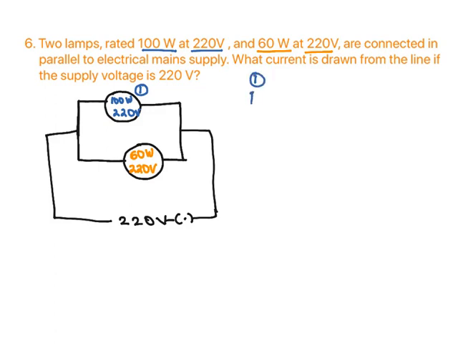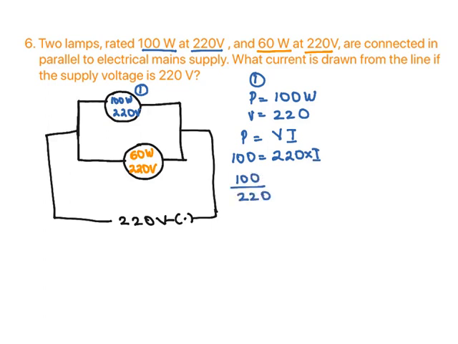For the first bulb, the power is 100 watt and the voltage is 220 volts. So we can do P equal to VI and find the current flowing there. So it will be 100 equal to 220 into I, and 100 over 220 equal to I. So your I here will be 10 over 22.